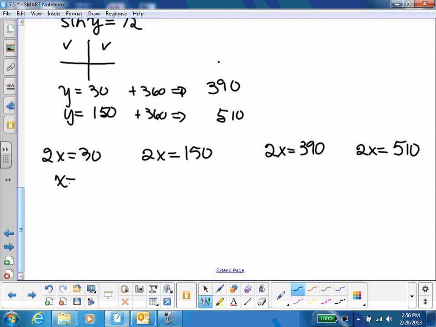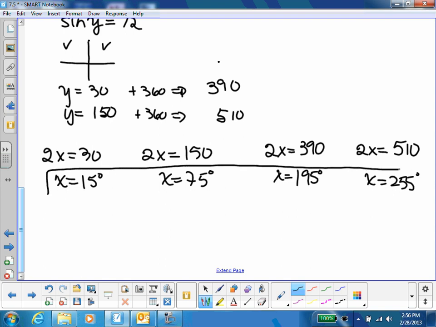Therefore, I'm going to have a 15 degree, a 75 degree, a 195 degree, and a 255. So my final answer always has to fall within 1 rotation, even though we're doing 2 rotations in the problem.